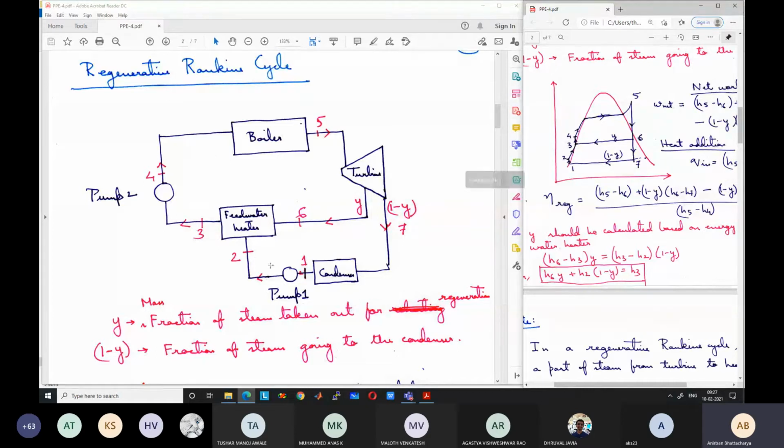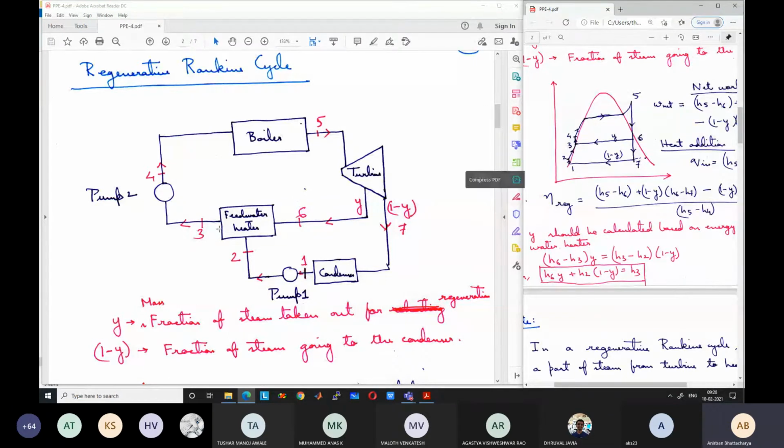Okay, so what is this feed water heater? It is nothing but the mixing chamber where the mixing of the steam from the turbine and the condensate from the condenser is done. Okay, the mixing occurs in this feed water heater. Why is it called feed water heater? Because it heats the feed water. So what is feed water?